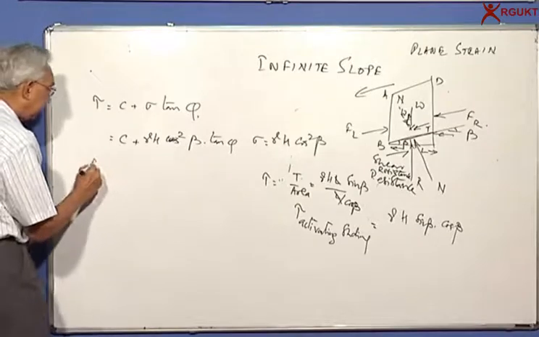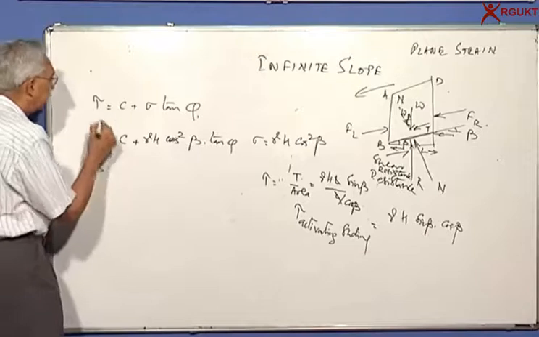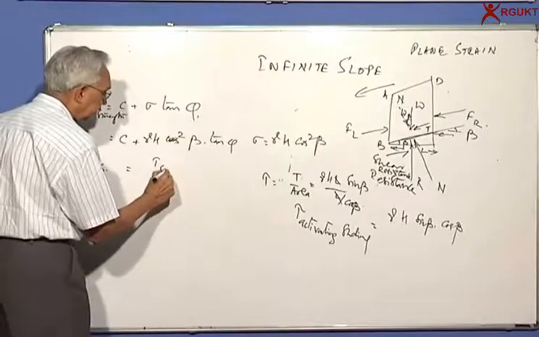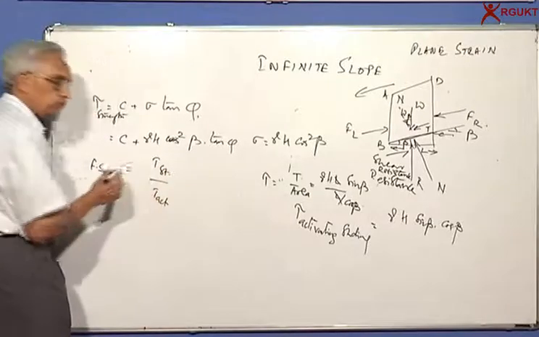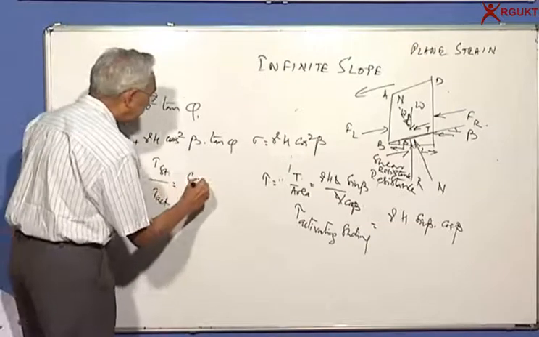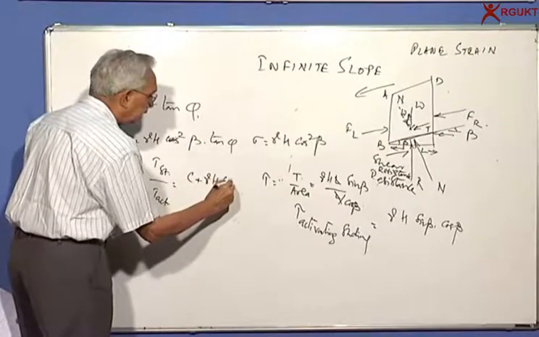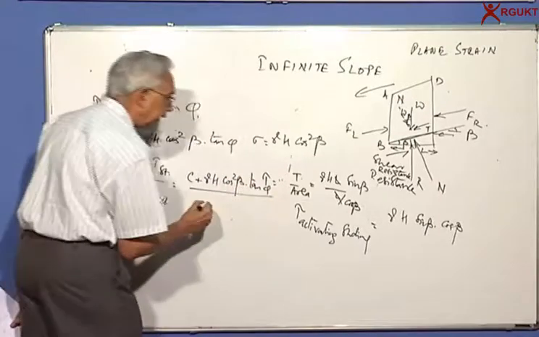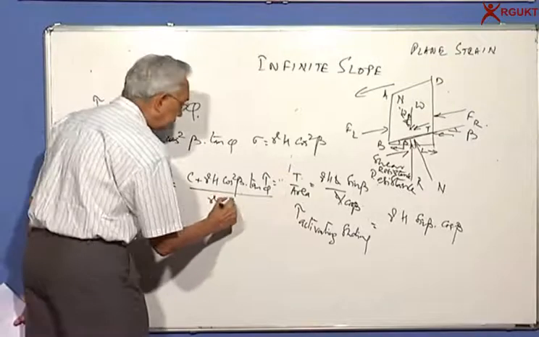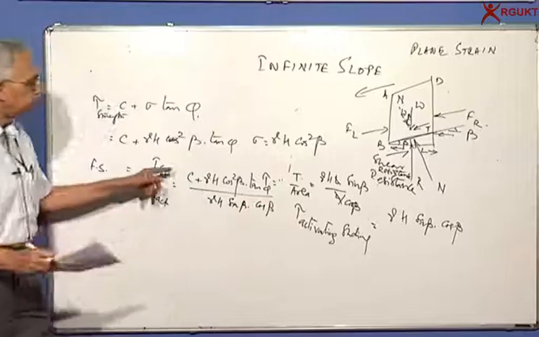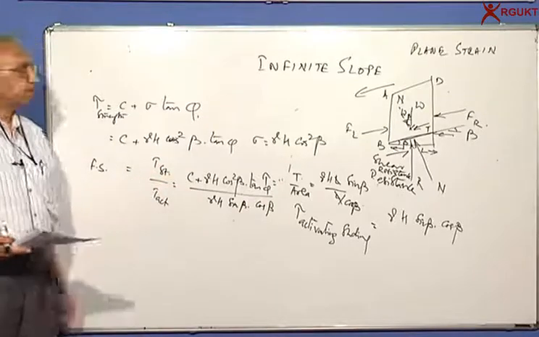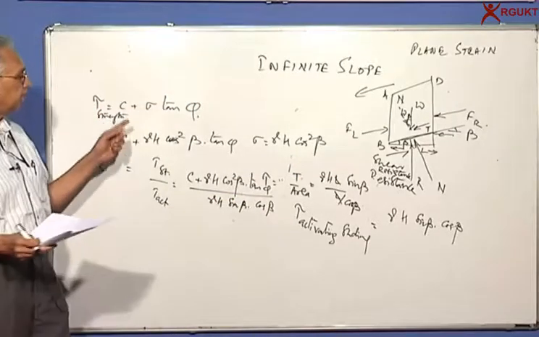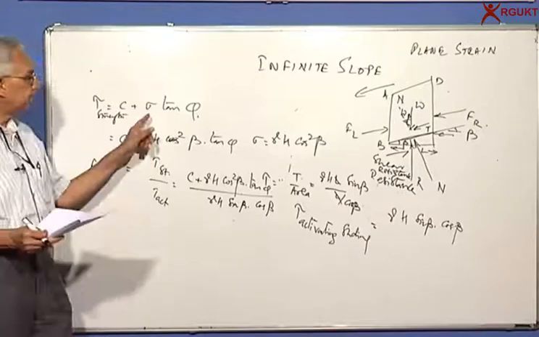Let me define the factor of safety, which is equal to tau strength divided by tau activating, and that will be equal to C plus gamma H cos square beta tan phi divided by gamma H sine beta cos beta. The numerator tells me what is the strength that can be mobilized by the soil along BC because of the strength parameters C and phi, and the normal stress is sigma.